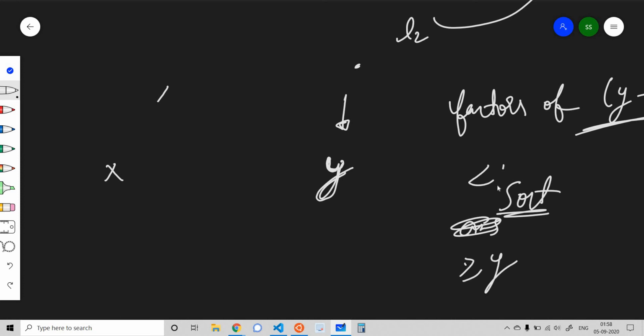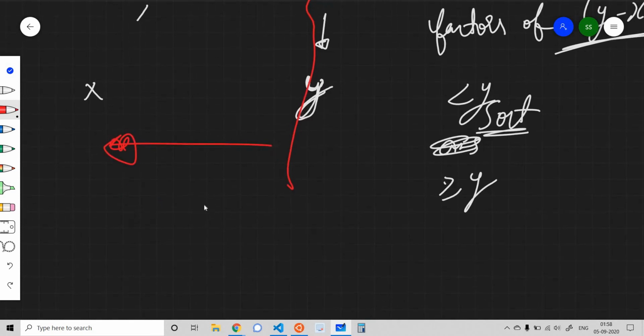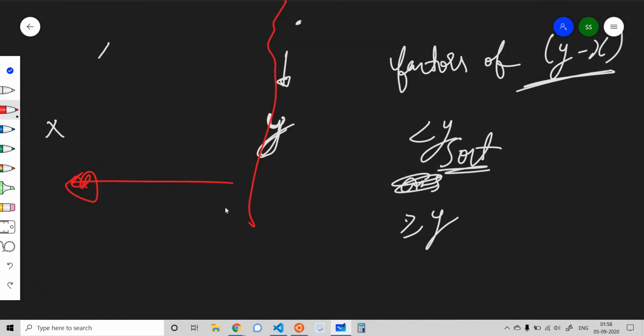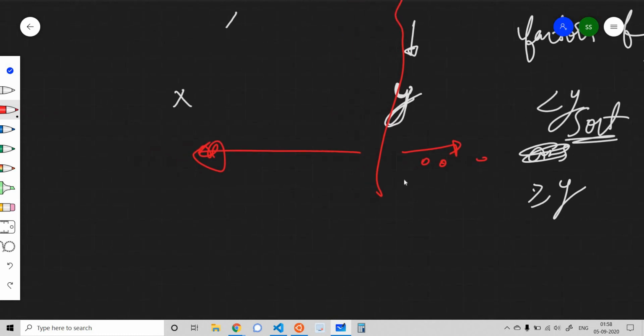It cannot be less than y. So first we will try to place as many elements as we can on the left side of y, and if we are still left with a few elements, only then will we move to the right of y and start placing elements there.